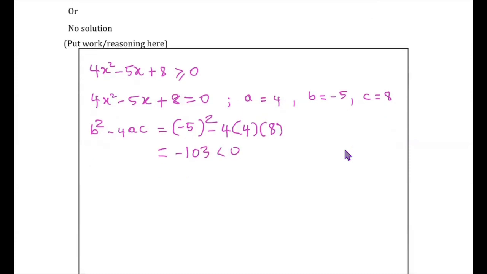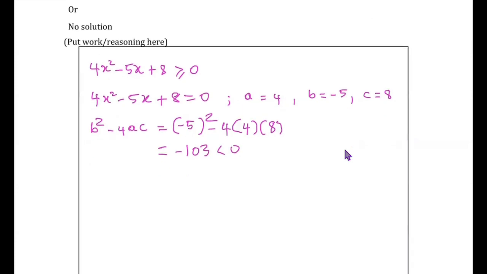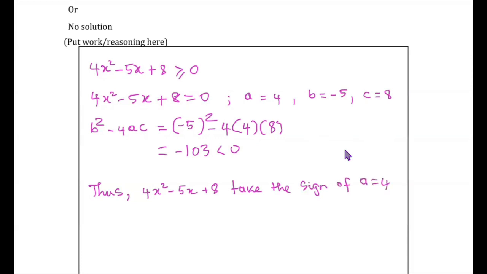So the expression takes the sign of a. 4x squared minus 5x plus 8 takes the sign of a equals 4, which is positive.